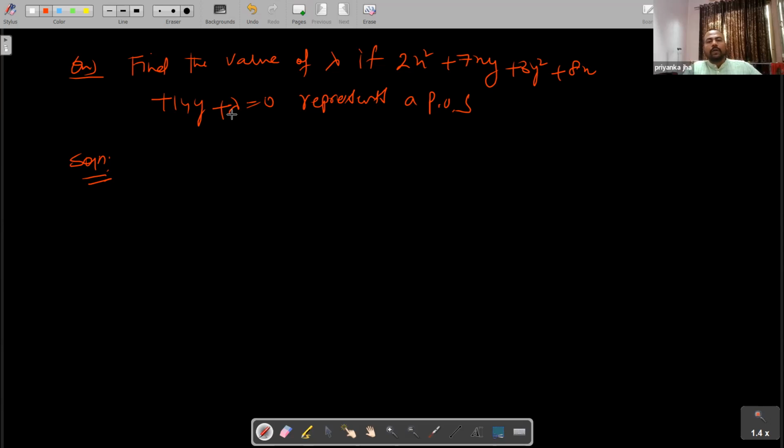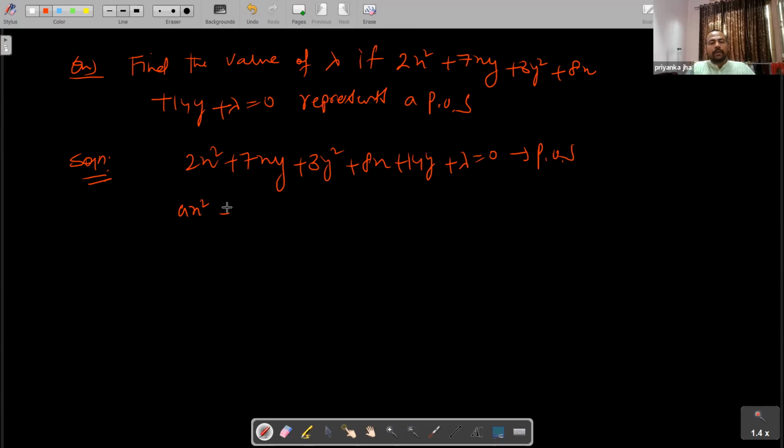देखो मैं करता हूँ. You have to check your question says that this equation 2x square plus 7xy plus 3y square plus 8x plus 14y plus lambda equal to 0 will represent pair of straight line. Let's do one thing.